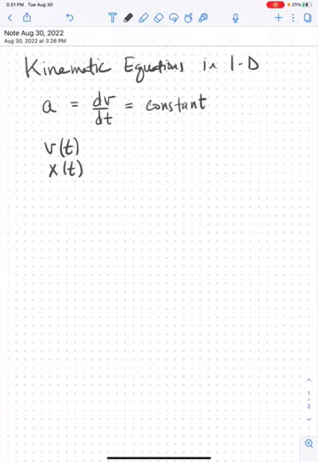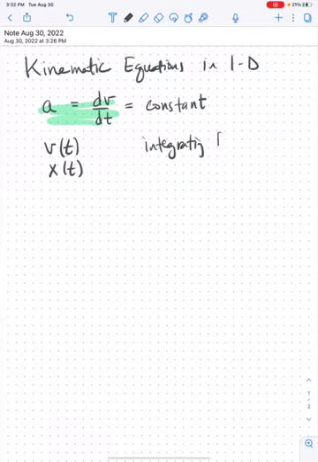Okay, and so we would like to solve this equation to get an equation that's in terms of V instead of solving for A. And so to do that, we need to integrate. And we're going to make that an iterated integral, meaning an integral that has an endpoint. And we're going to consider integrating from some time that we'll call t0.